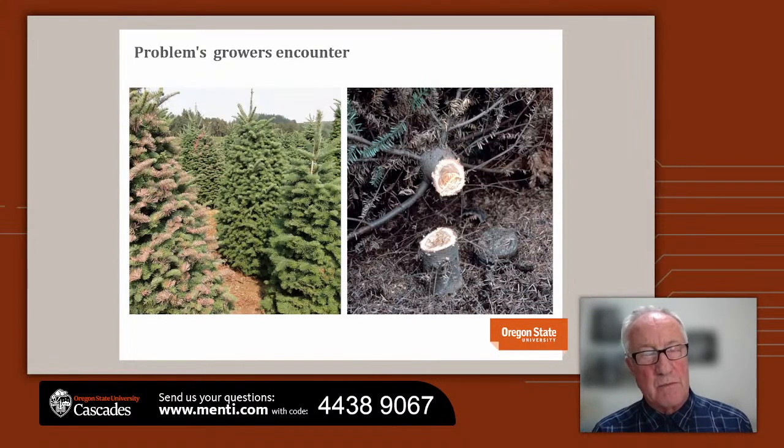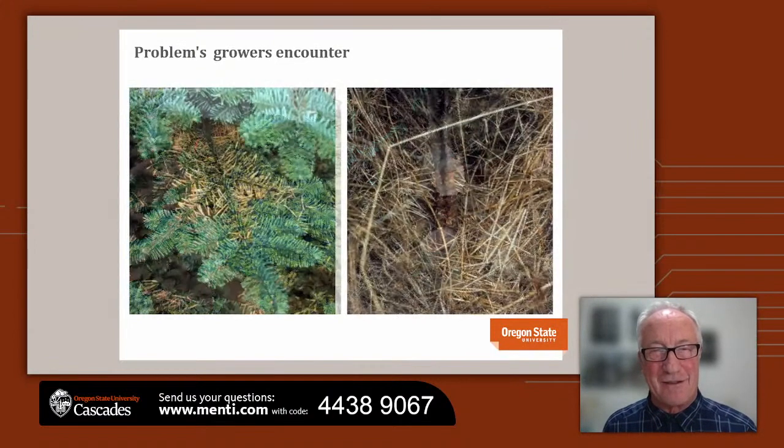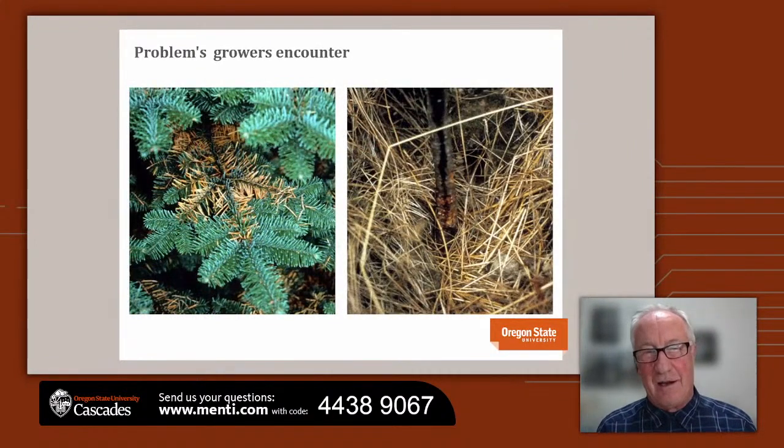So we'll get some trees where the needles on the current season will all turn brown and make the tree unsaleable, and we have problems with root rot on the right. These are common problems that growers are constantly on the lookout for, to sort out which trees need to be taken out early or which ones are going to make it to the harvest stage.